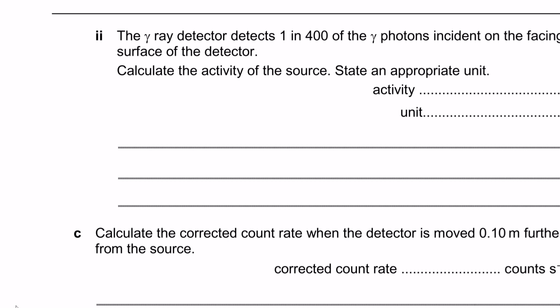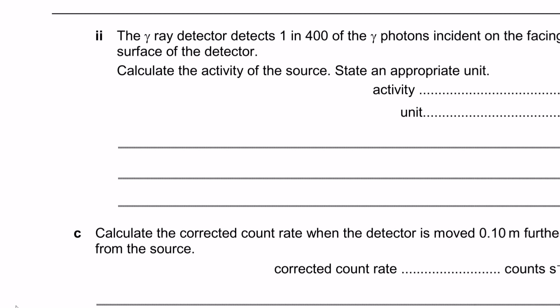Next, the gamma ray detector detects 1 in 400 gamma photons incident on the facing unit detector. Calculate the activity of the source. So it's telling us it detects 1 in 400 of the gamma rays incident. So effectively we need to say that there's 400 more there than we're detecting.